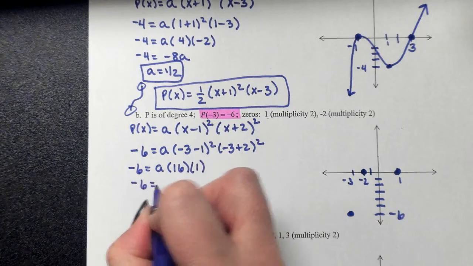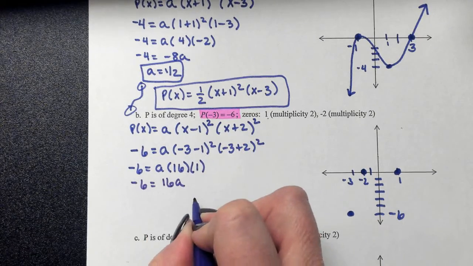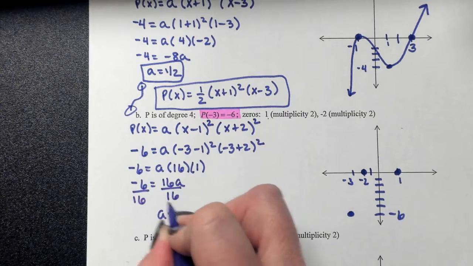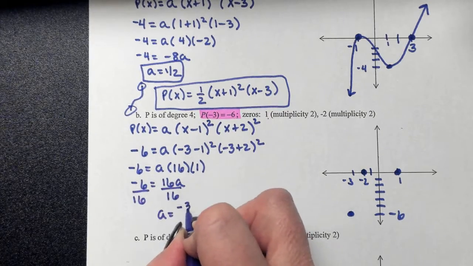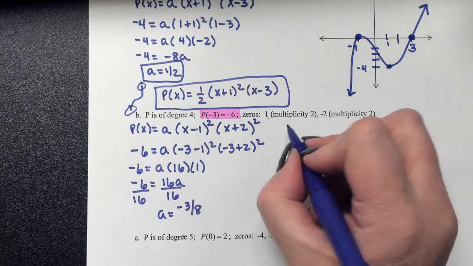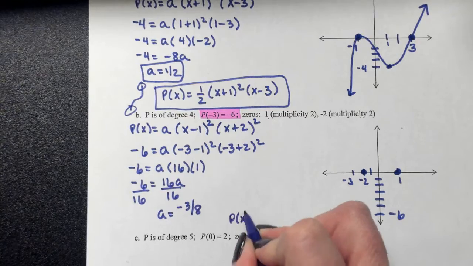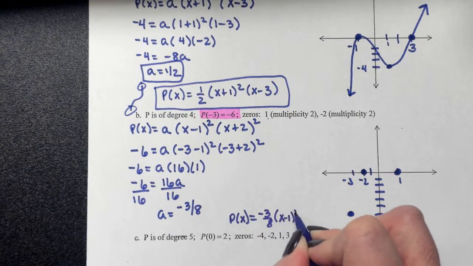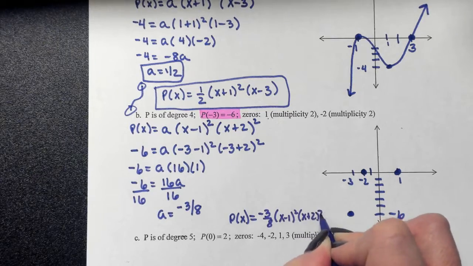So -6 is equal to 16a. When I divide by 16, a is going to be equal to, again, I can divide out of 2, which is -3 over 8. So my polynomial function is going to be p of x equals -3/8 times x minus 1 squared, x plus 2 squared.